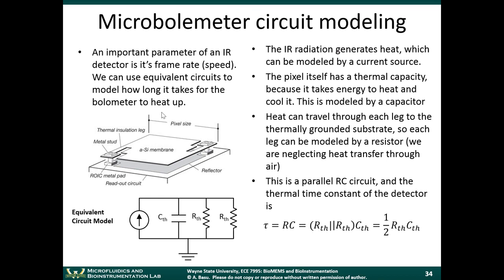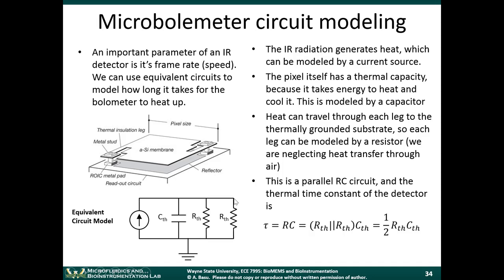This is how we can model a microbolometer. An important parameter of an IR detector is its frame rate, its speed. We can use equivalent circuits to model how long it takes for the bolometer to heat up.